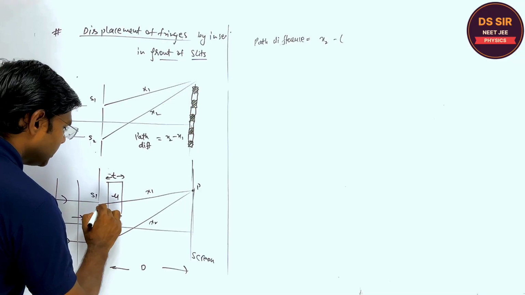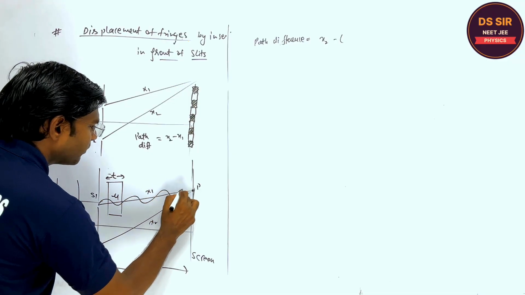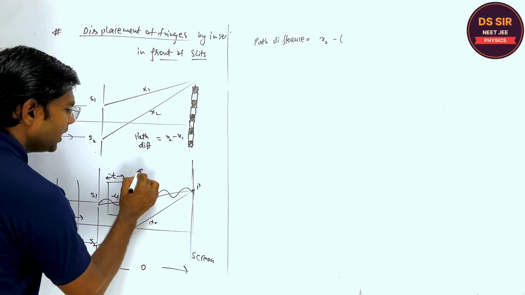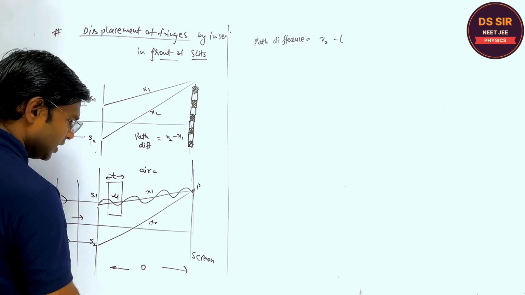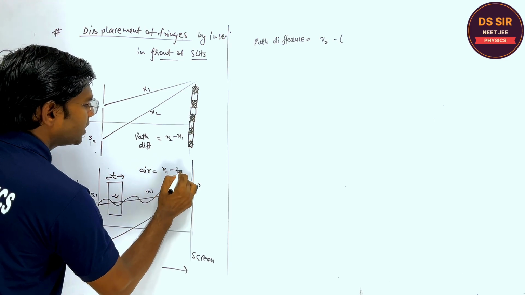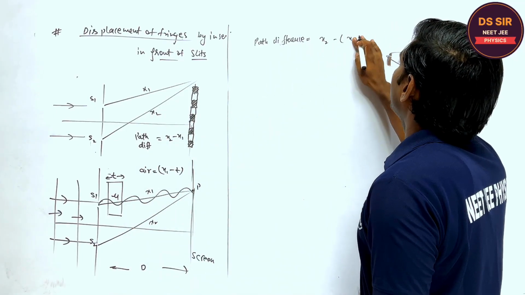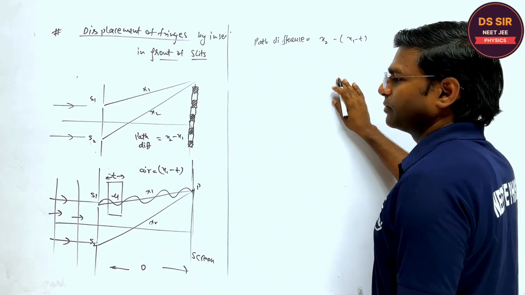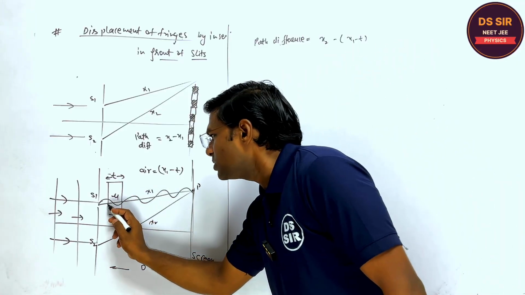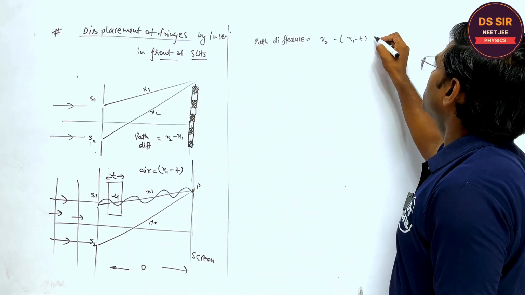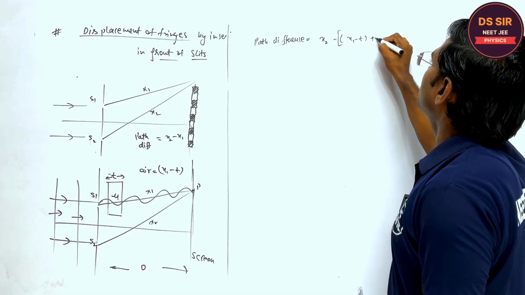But here, what is the distance covered in the air? It is x1 minus t. The distance covered in the glass slab is t, so its equivalent path is mu t.